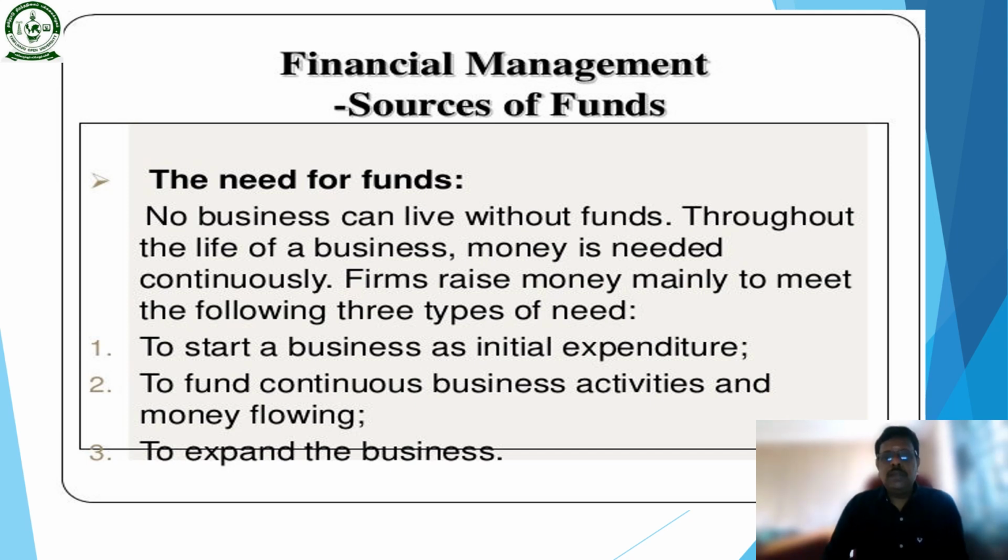For now, initially, you have to know what the sources of funds are. So far, you have known what financial management is, what finance is, and how we can manage it. The second block aims to identify the various sources of funds.